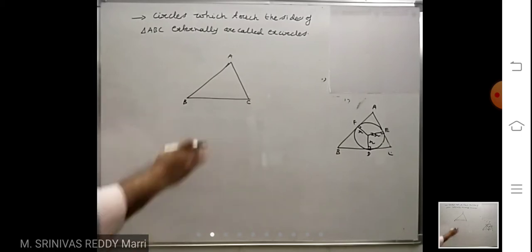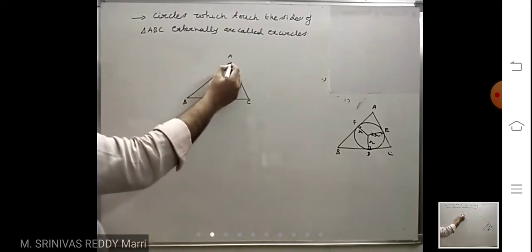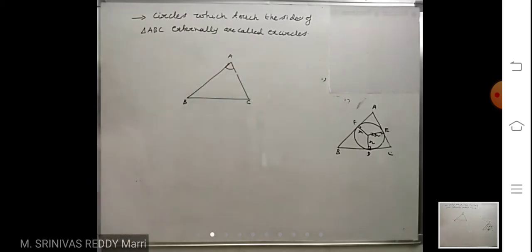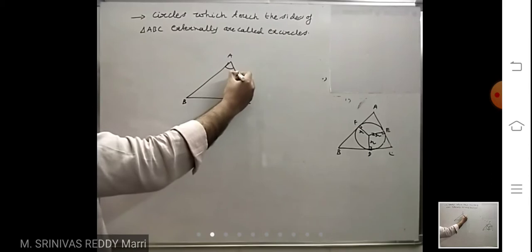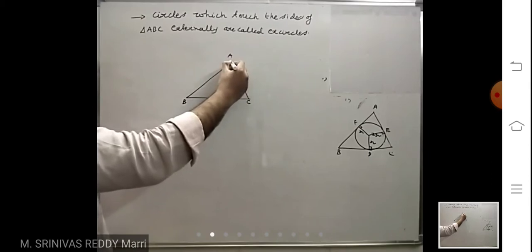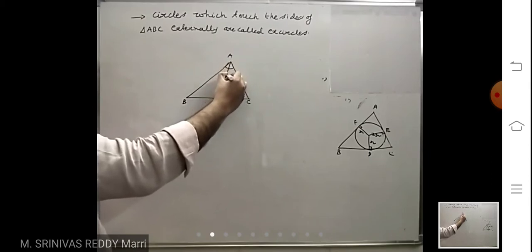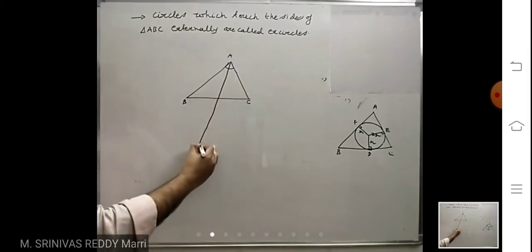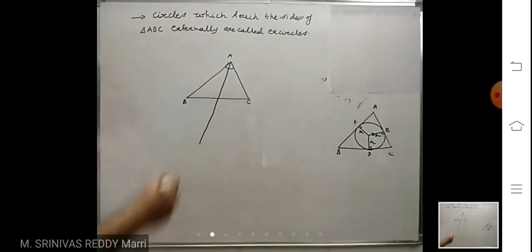So what happens is, look at here. You take the internal angular bisector. This is angle A. Right? Internal angular bisector of angle A I am drawing. That means this is the line that bisects the internal angle A.